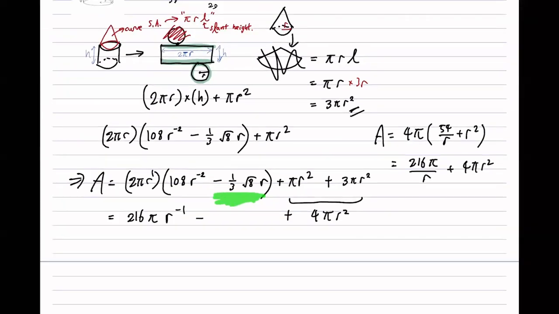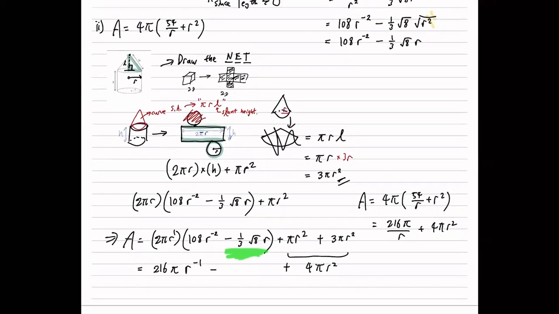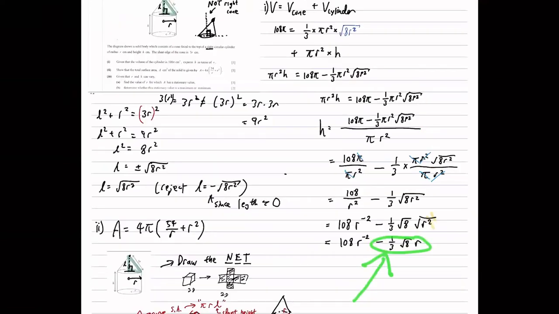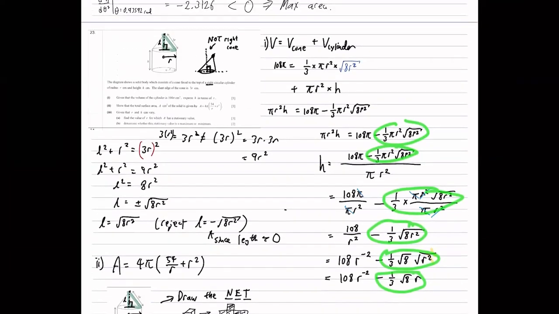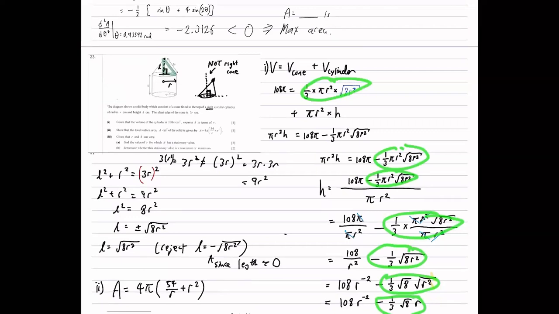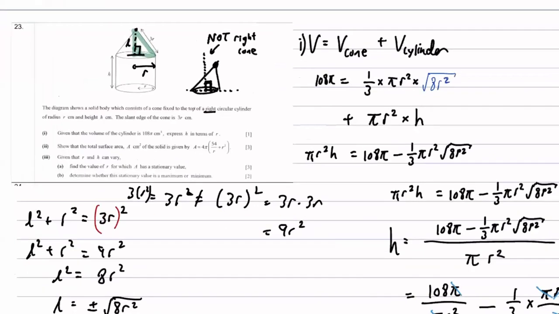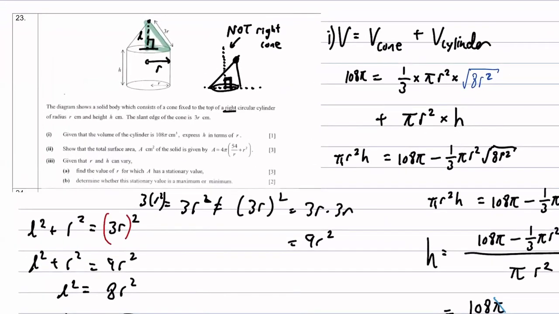Let me double check my work. Where did you come from? How to find a mistake? Here's how you do it. You trace your working. So this shouldn't be here, which in turn came from here, which in turn came from here, which came from here, which came from here, which came from here, which came from here. Volume of the cone. Let me see.